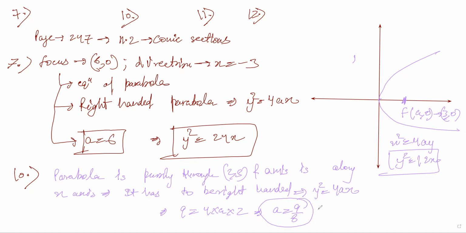And if A is 9 by 8, the equation would be y square is equals to 9 by 2 x, or 2y square is equals to 9x.